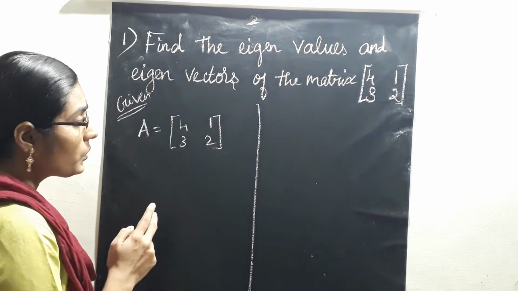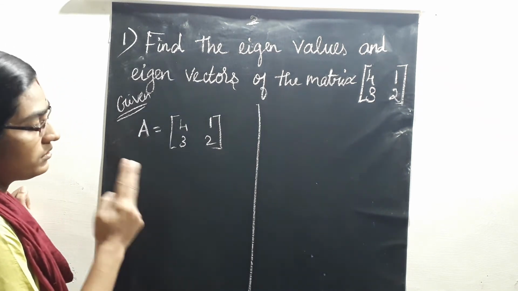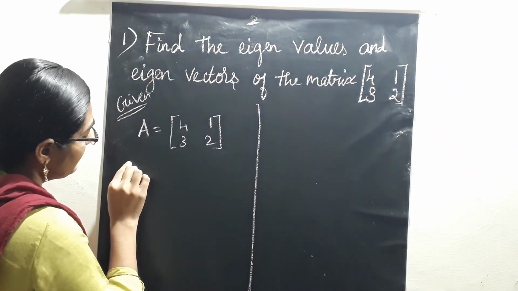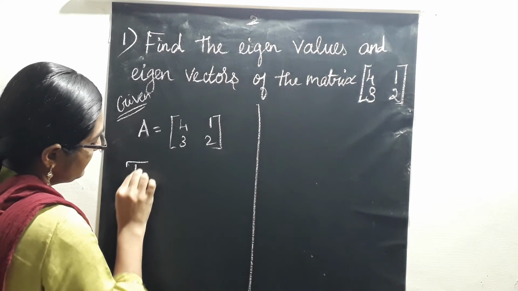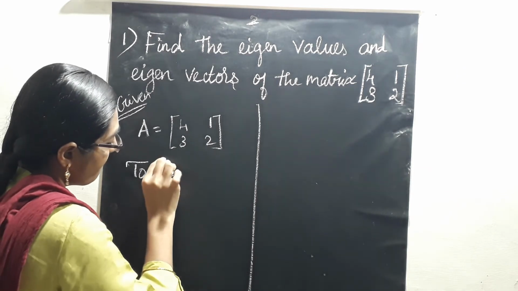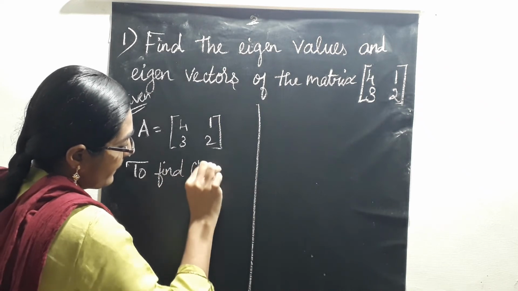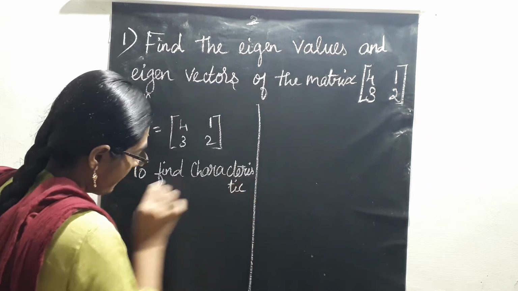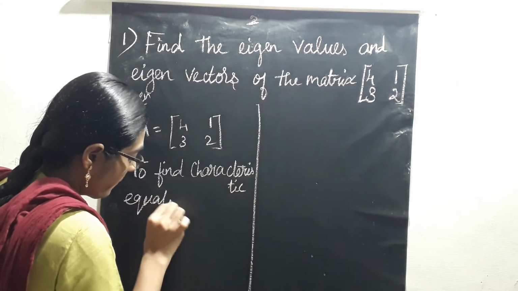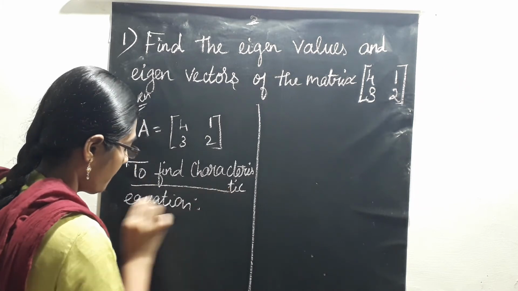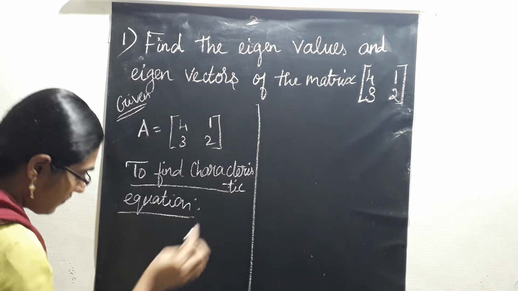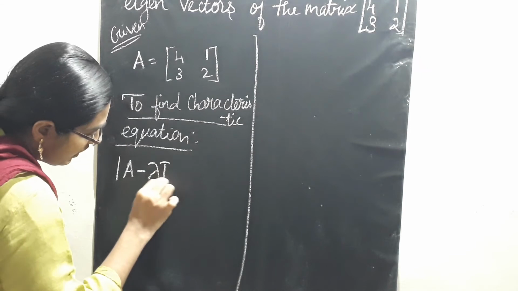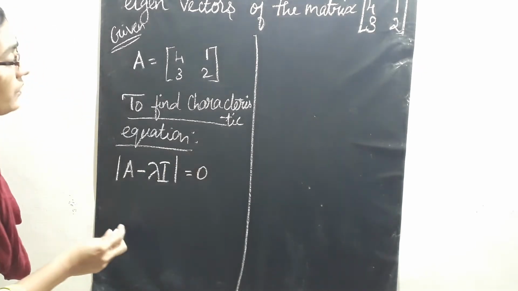So I have told you the 2 methods, right, to find the characteristic equation. We will do both. First thing is, determinant A minus lambda I is equal to 0.